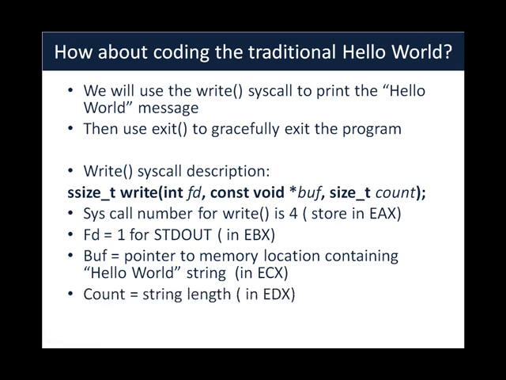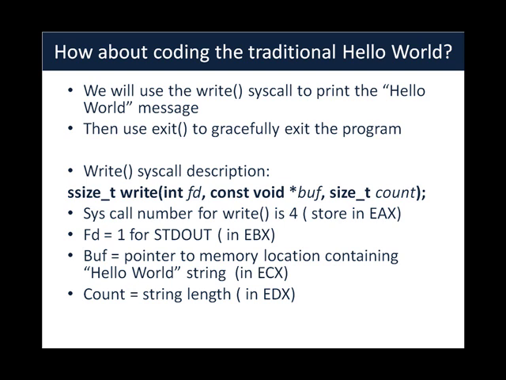And then finally is the count, or the string length of the hello world message, which needs to be stored in the EDX register. And this is exactly what we've spoken of previously. EAX, once again, system call, EBX first argument, ECX second argument, EDX third argument, and so on and so forth.